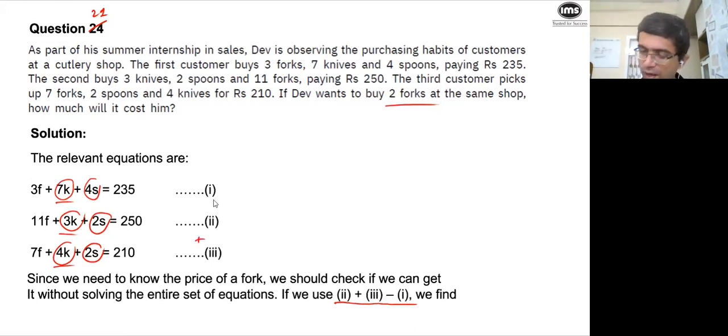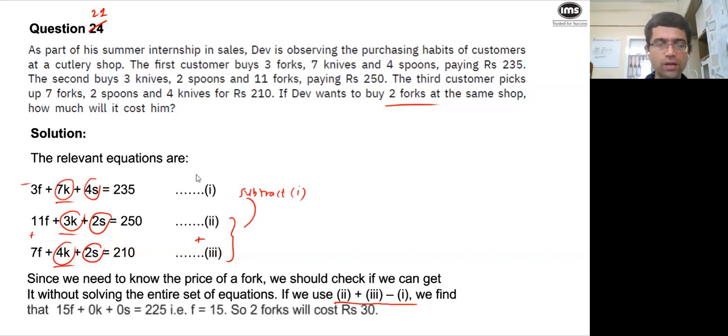I will add 2 plus 3, and from the answer, I will subtract 1. So 2S will cancel with 4S, 3K and 4K will cancel with 7K. I will only be left with 7 plus 11F, from which I will subtract 3F.